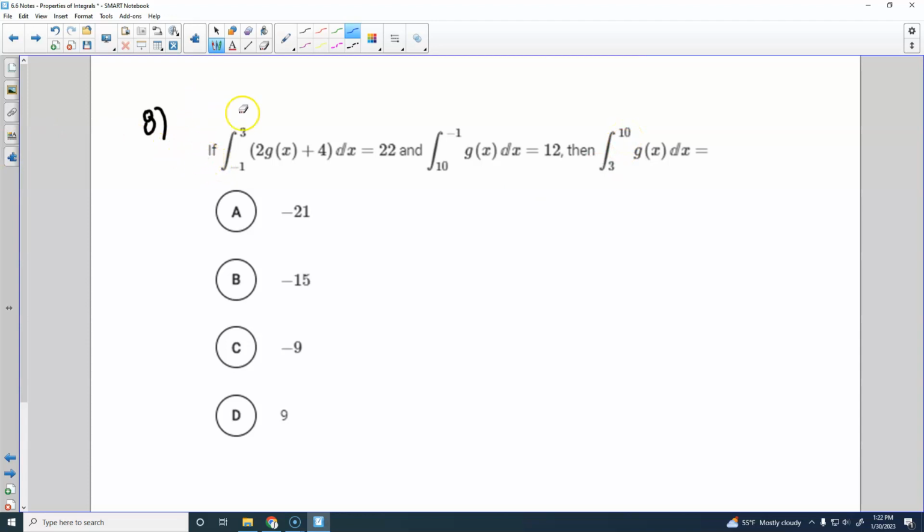So if we look at what we've got here, we know that this equals 22. So we could split this up a little bit. Our integral from -1 to 3 of 2g of x plus 4 can be split into the integral from -1 to 3 of 2g of x dx plus the integral from -1 to 3 of 4 dx, and this would have to equal 22.